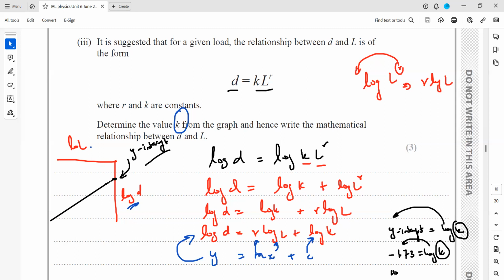Anti-log means 10 raised to power minus 1.73. On your scientific calculator, just press shift and the button for log. It will take the anti-log and that will give us the value for K. Is it clear, this one?